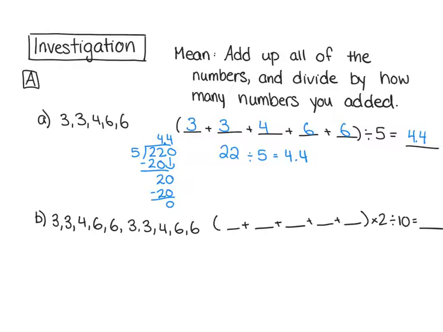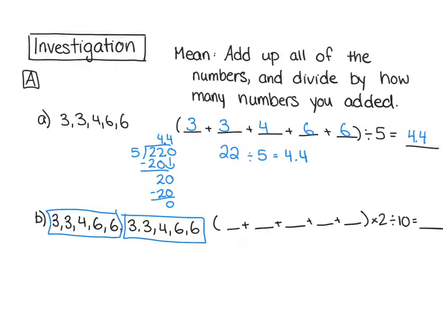Now, if we were to look at the second set of data points, you will see that there is a repetition of our first set of numbers. So we go 3, 3, 4, 6, 6, 3, 3, 4, 6, 6. So it's almost like we have two groups of our original set, which is what they talk about repeating each data value, that we've got two groups of it.